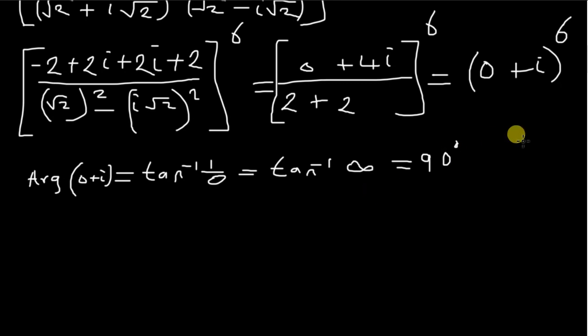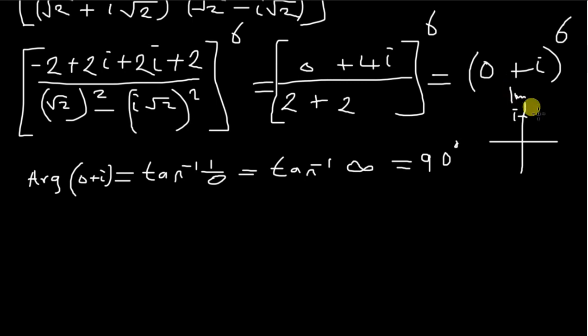So this is 90 degrees. From there we need to check which quadrant this angle lies in by plotting this complex number here. So we have 0 comma i, so it's somewhere there, meaning it's in the first quadrant.